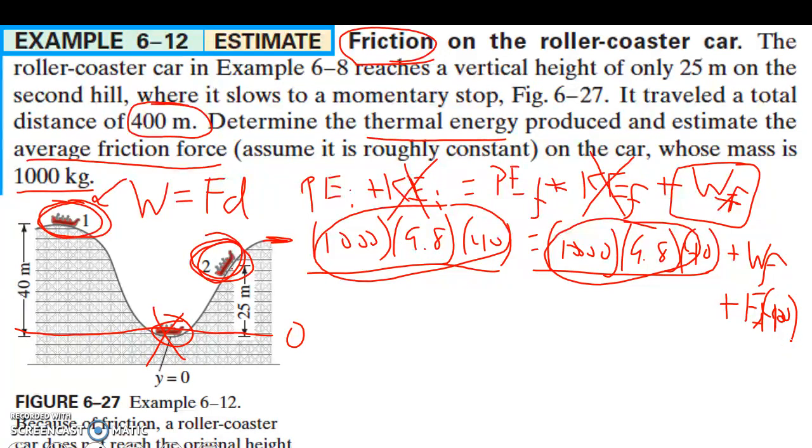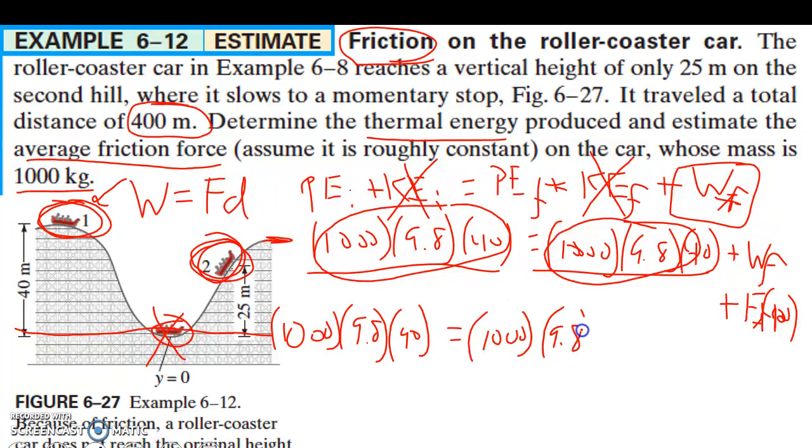All right? So let me write the whole thing out again. We got 1,000 times 9.8 times 40 equals 1,000 times 9.8 times 25 plus our force of friction times 400.